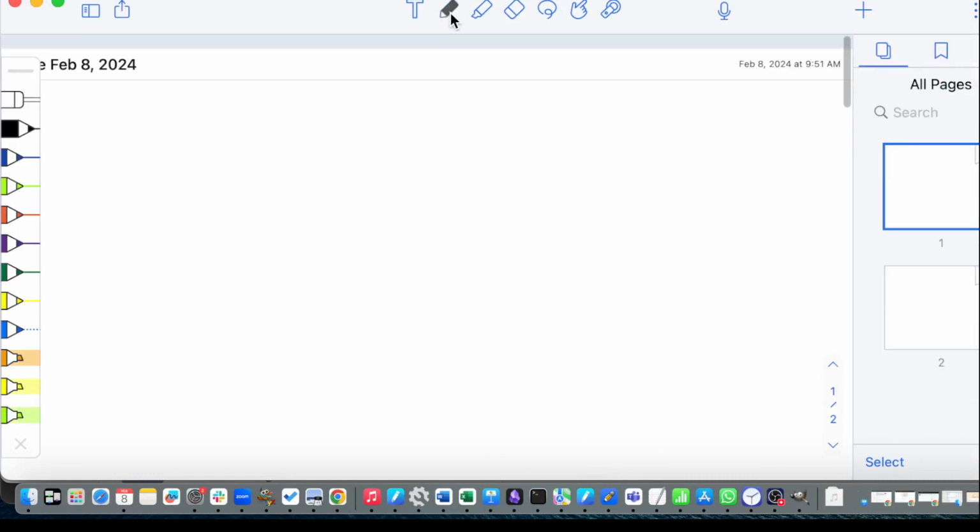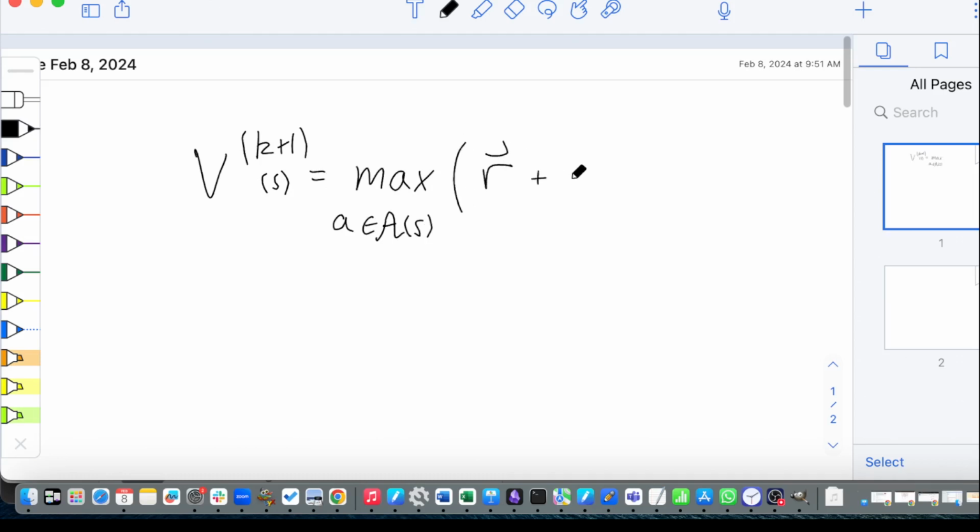V of k plus 1 is the maximum over all actions A that are possible from state S of the rewards plus the matrix M of choosing the action A, times V k. All of this at S. So this is the way we wrote it.